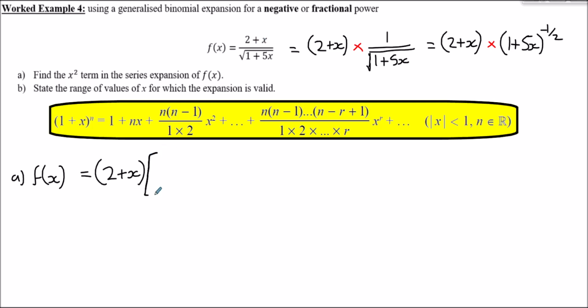We do, however, need to do the binomial expansion on this thing here, which is 1 plus 5x to the power of minus a half. But bear in mind, we only need to go up to the x squared term, so we don't need to do the whole thing. So the first term of this expansion is also just going to be 1, and the power multiplied by the thing after the 1. So it's going to be minus a half times 5x.